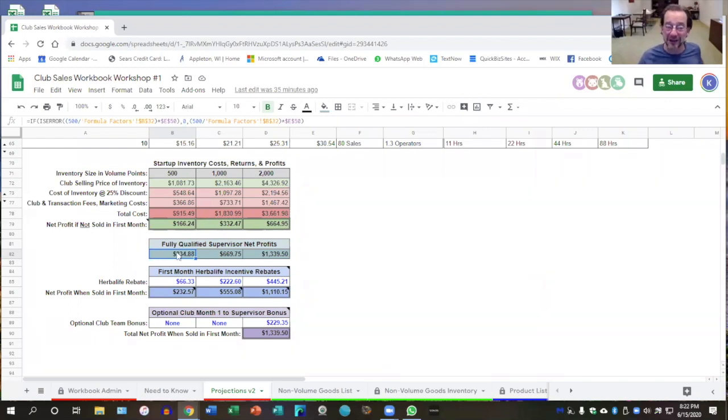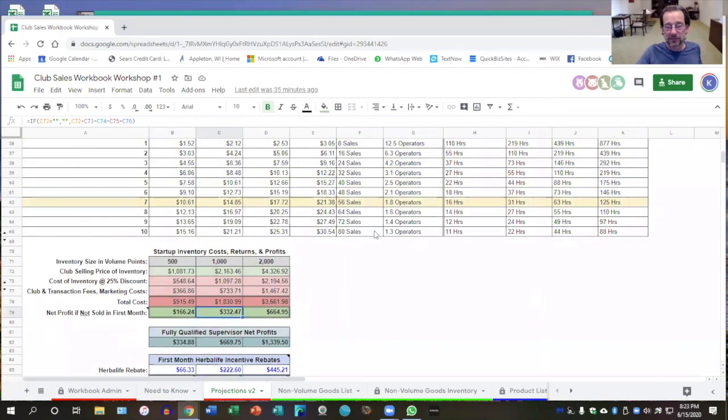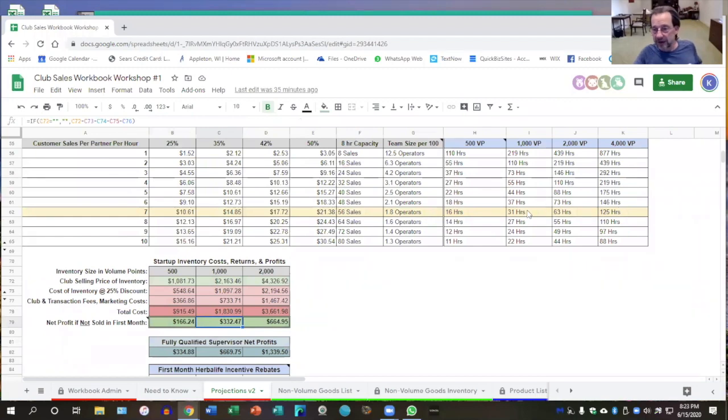So the bottom line is you want to get the supervisor. Now, if you want to get 1,000 volume point inventory, here's how much profit you would make: $332. And here's what's great about that. You can look here and say, this is how long it will take to sell. It'll take 31 hours to sell that one, or 37 hours, right?